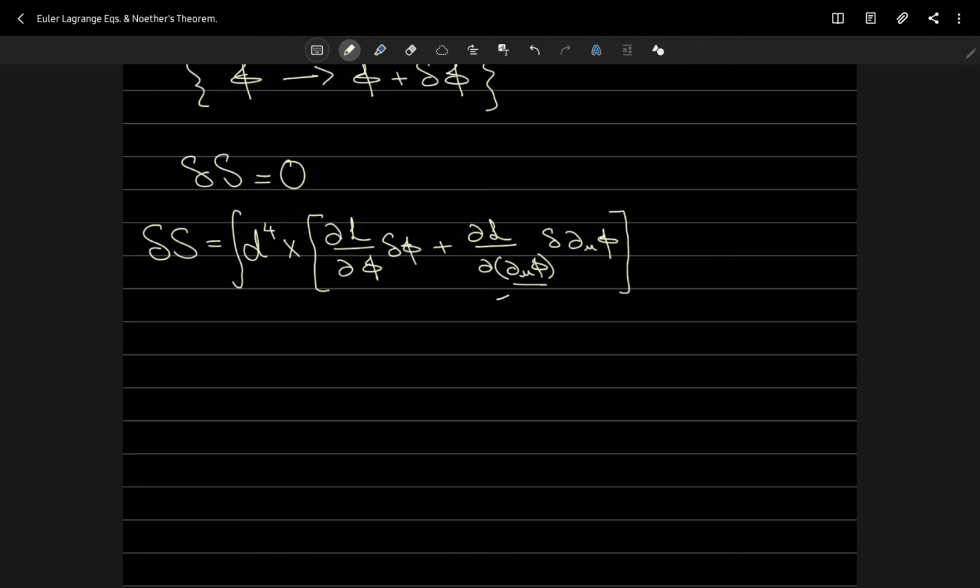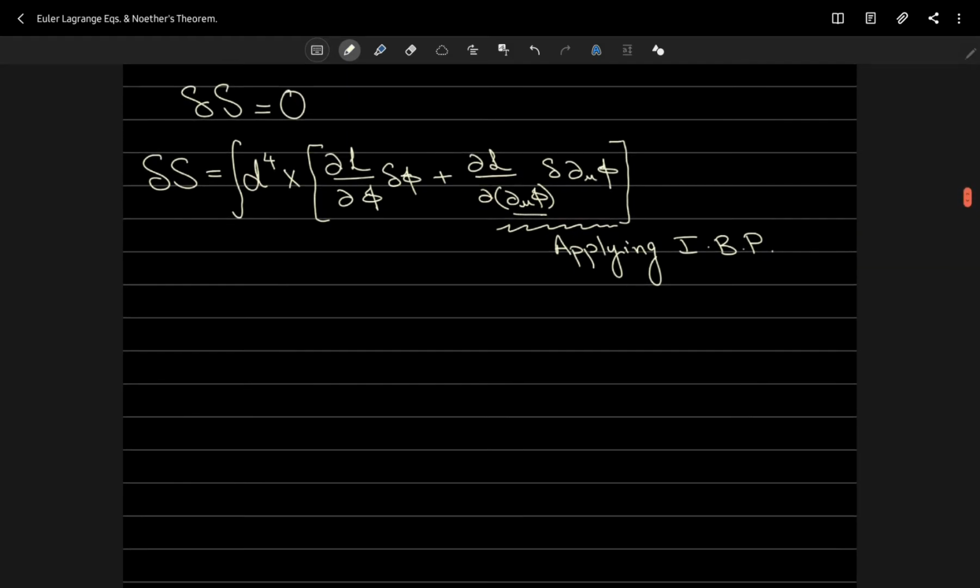Now if you carefully look at this equation, let's look at this second term. What we can do is apply what is called integration by parts, from your boring calculus.